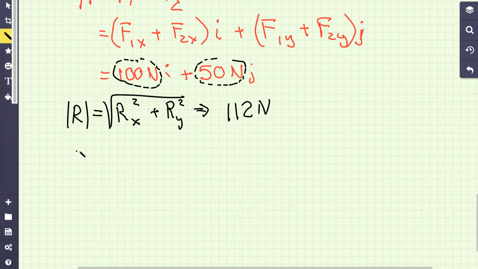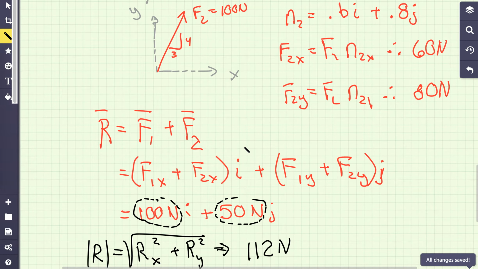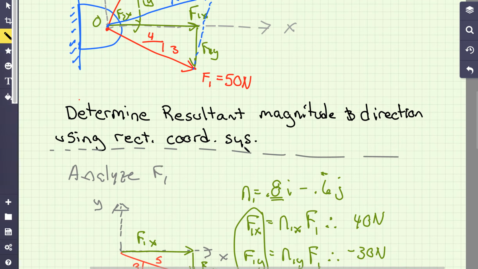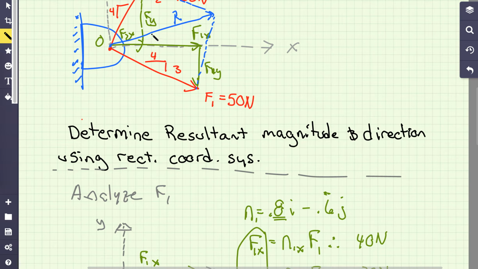So we want to find the direction, and we want to find the angle relative to the x axis. If we scroll back up, we are looking for this angle right here.